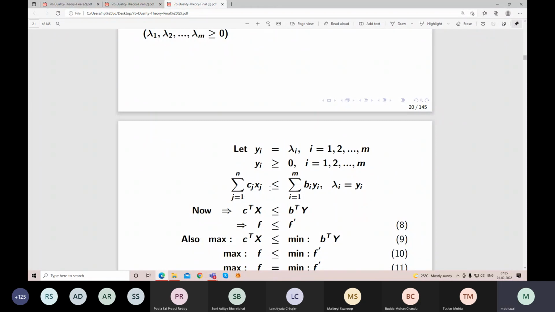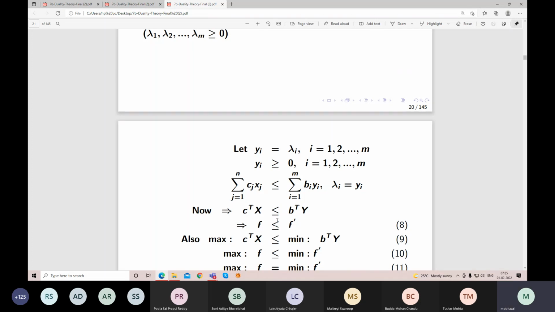This is less than or equal to the value of the dual objective function. C transpose x is less than or equal to B transpose y. So F is less than or equal to F dash. This is our weak duality.